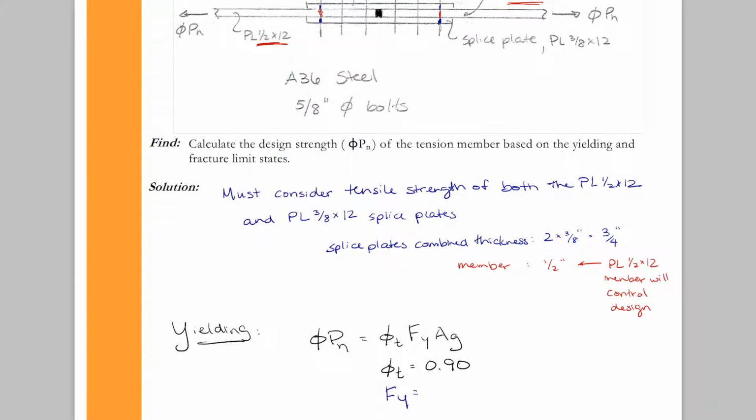Our material property, Fy, for an A36 steel is 36 ksi. And Ag for the 1/2 by 12 inch member is 1/2 inch thick times 12 inches wide, which gives us a total gross area of 6 inches squared.